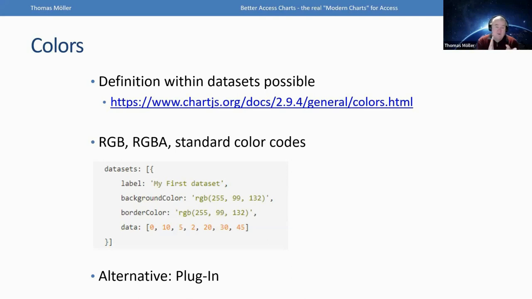When you have 2 bars next to each other and the colors are not fine, it's really ugly to see. So I used an alternative. I found a plugin which can deal with colors, and I will talk about that later. You will see it in action.